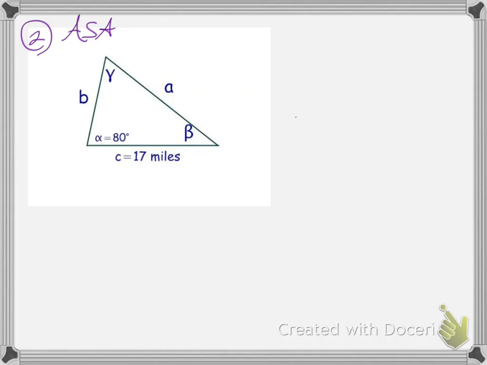Okay, so in this one I'm given an angle, side, angle, and what I don't have written here already is that beta is equal to 32 degrees. So what I can do here is first find gamma, by doing 180 minus the sum of the other two angles.